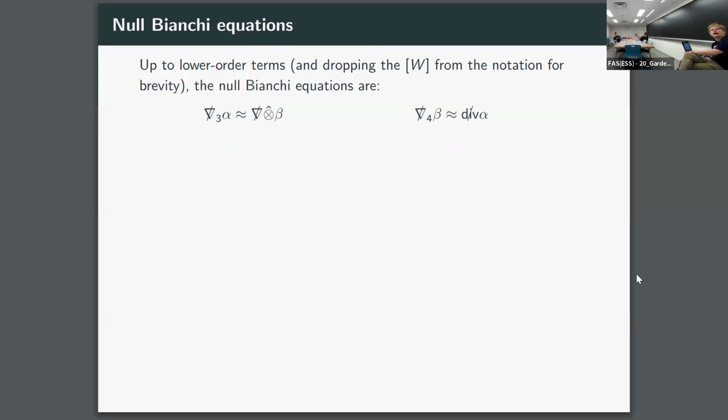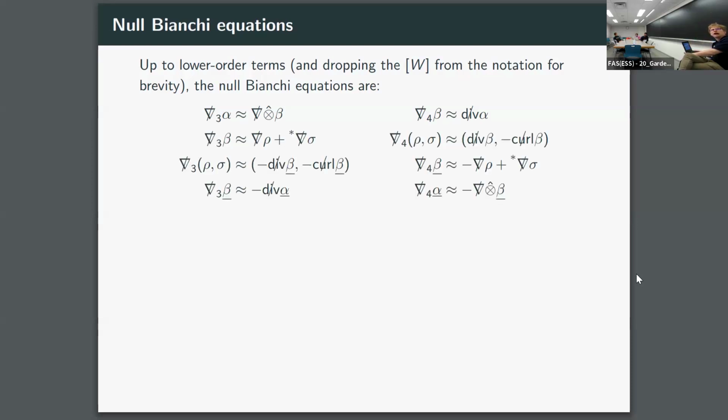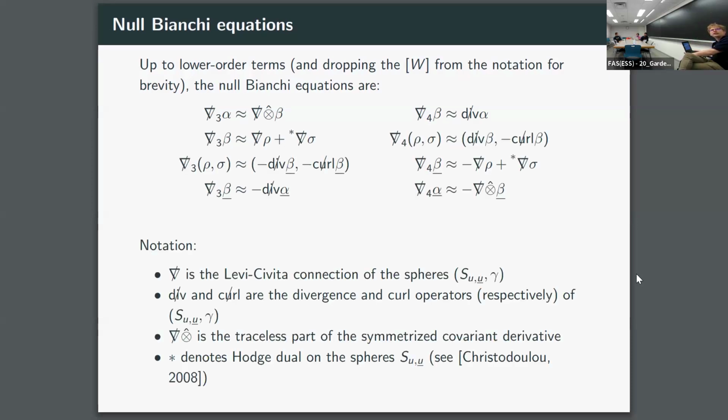Thinking of nabla3 alpha and nabla4 beta as paired is where the Bianchi equations get their hyperbolic structure in a double null foliation. You'll notice that all of these are transport equations, either in the E3 or the E4 direction. On the right-hand side, you have various first-order differential operators restricted to the spheres. Nabla slash is the derivative operator of the spheres, and div and curl with a slash are the divergence and curl operators of the spheres.